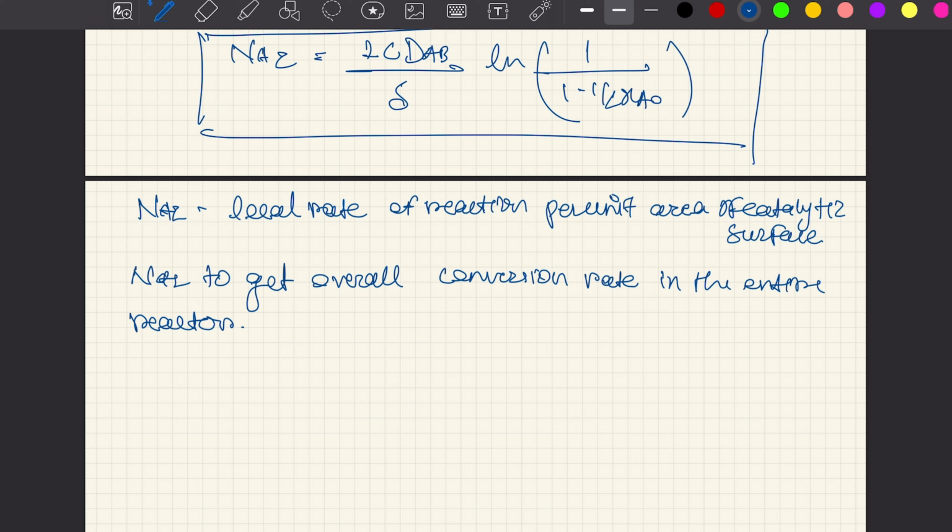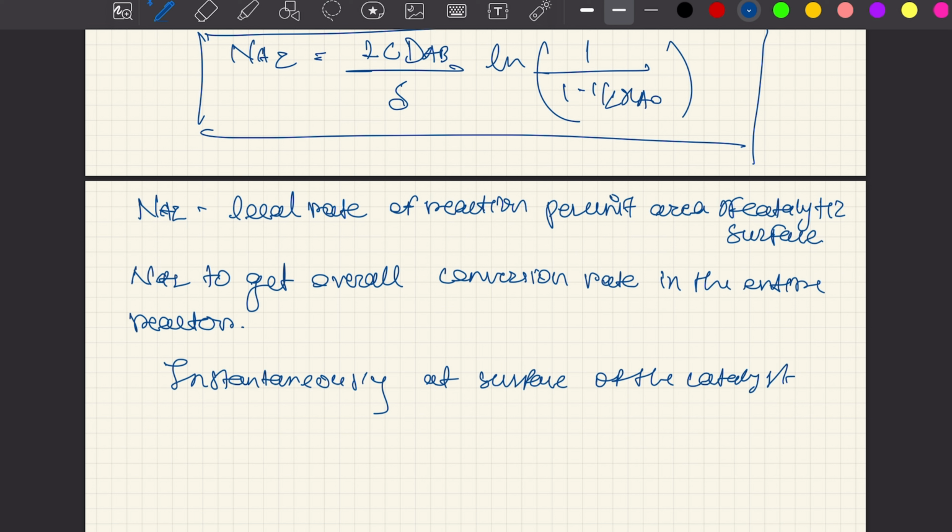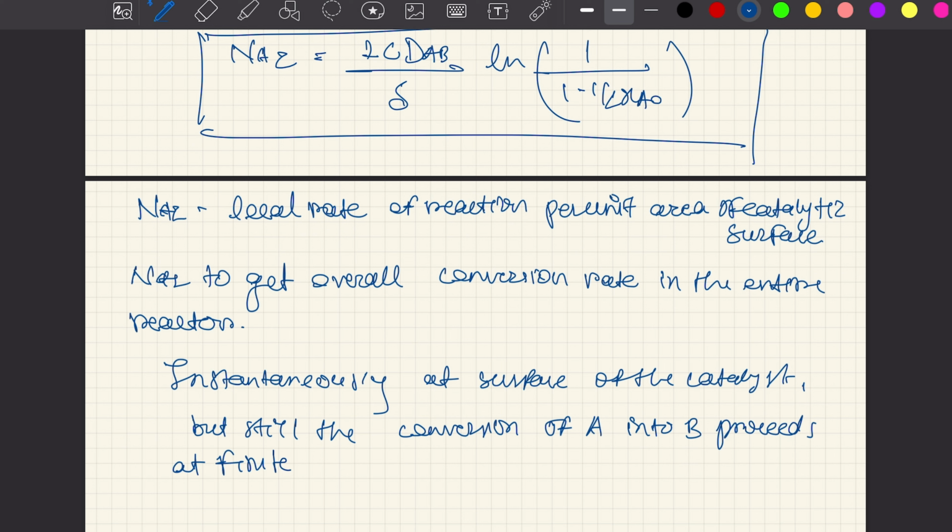Although the chemical reaction occurs instantaneously at the surface of the catalyst, still the conversion of A into B proceeds at a finite rate because of the slow diffusion.